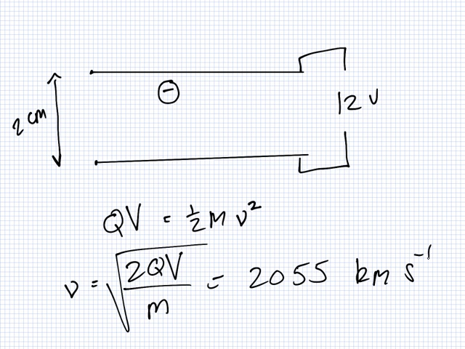What is the next unit after kilo? So you could also say this is 2.055 megameters per second. Is it possible? Yes, the electrons really do travel this fast between the plates.